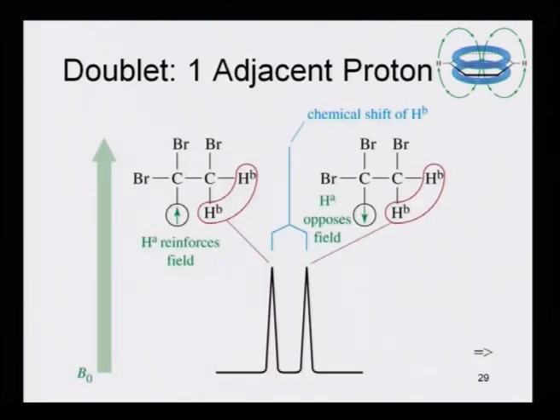The doublet means one adjacent proton. Because HA is being reinforced by the HBs, there is a splitting that occurs and a chemical shift that occurs because of the HB. It is these adjacent protons which are causing splitting.